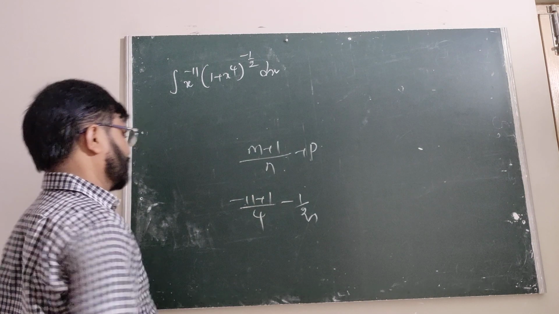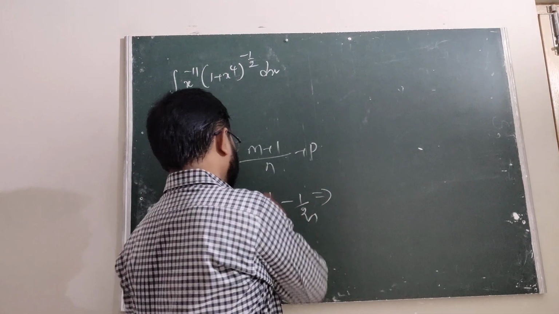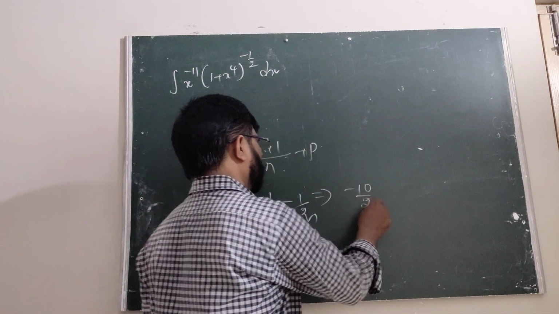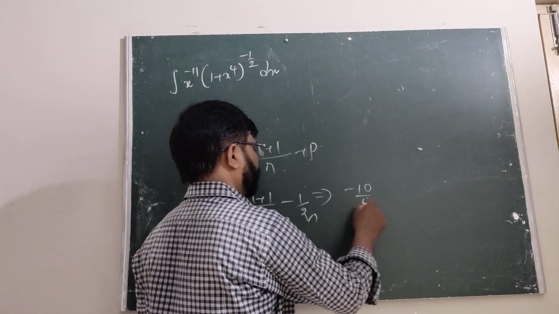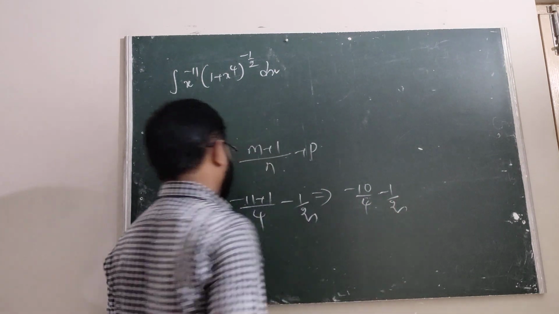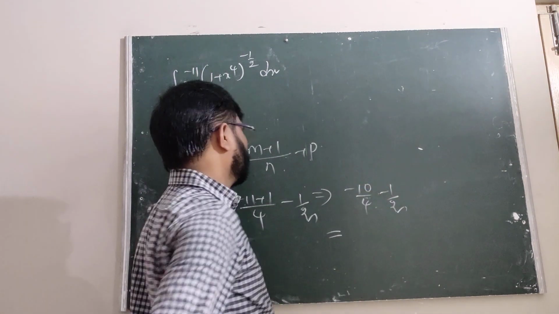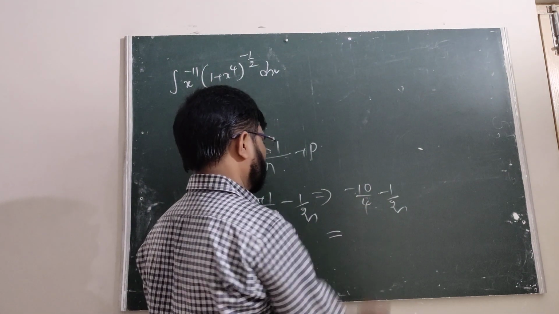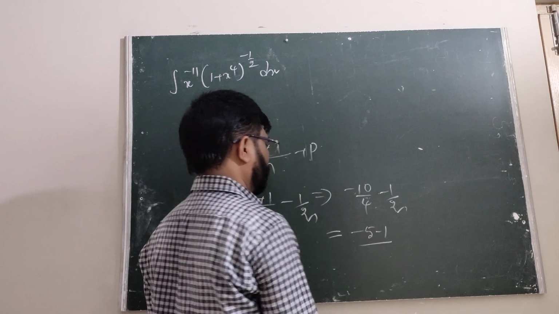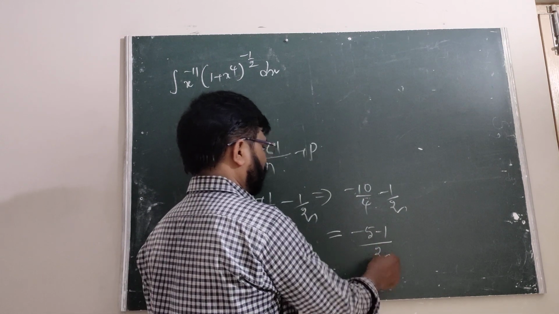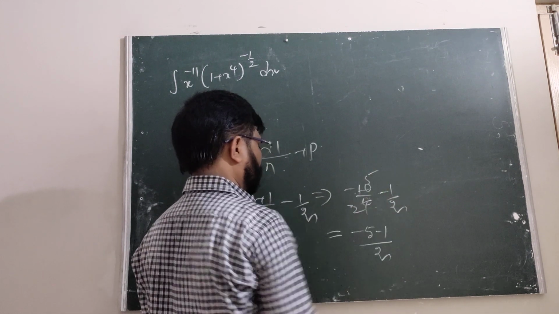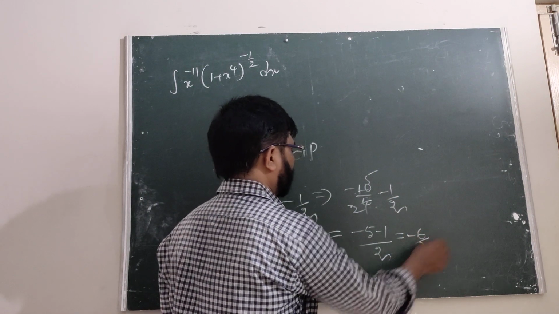Now this is minus 10 by 4 minus 1 by 2. Sorry, minus 10 by 4. Now this is minus 5 by 2 minus 1 by 2, which is minus of 3.